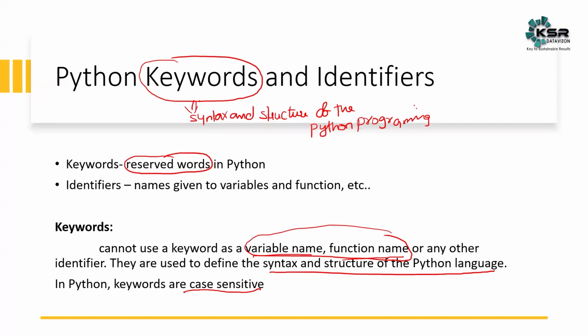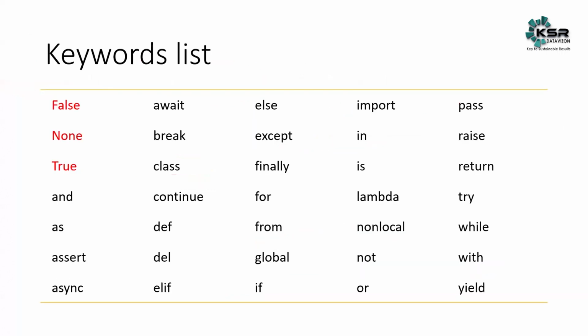These keywords cannot be used as a variable name or function name, right? And also, a very important point is that keywords are case sensitive. Now, how many keywords do we have? What are those keywords? Let's understand.